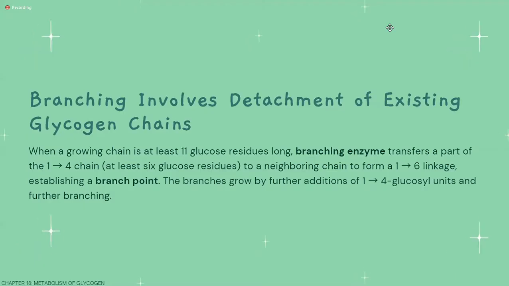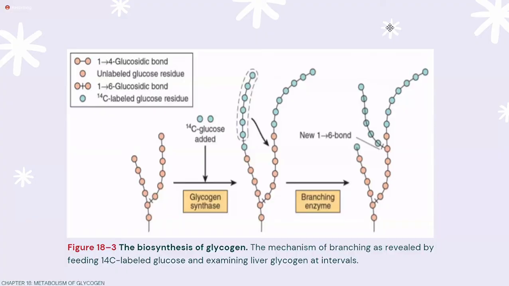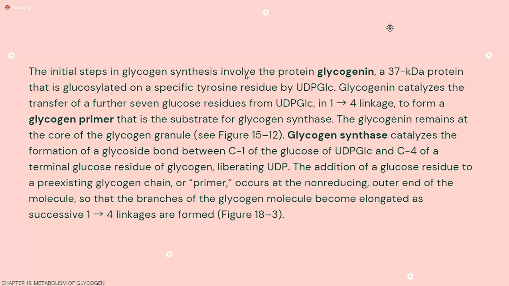So again, going back to this. What do we start with? Glycogenin, a 37 kilodalton protein that is glucosylated.